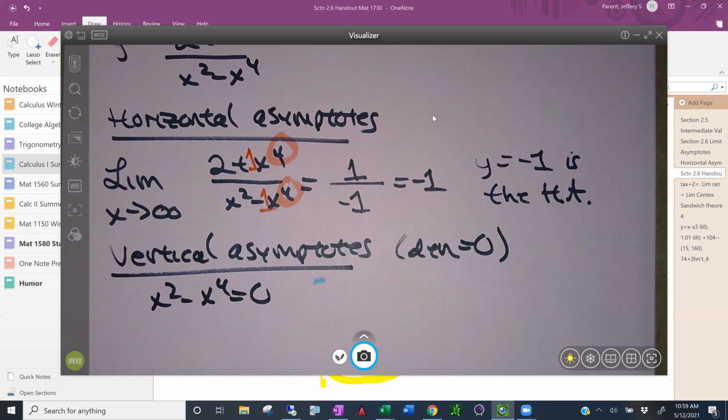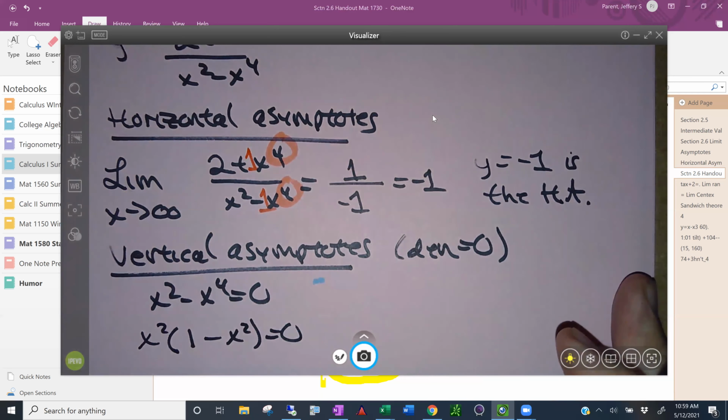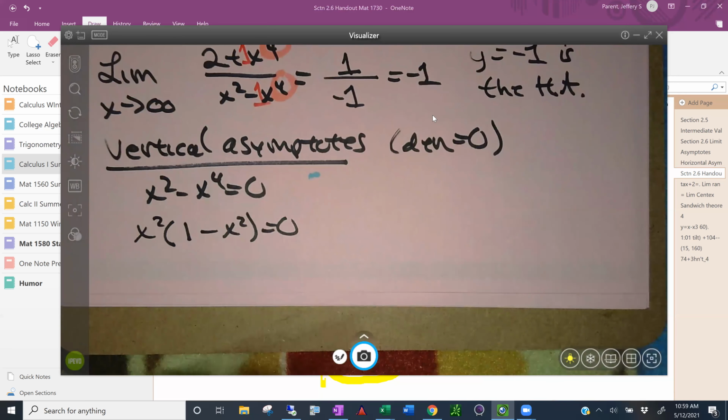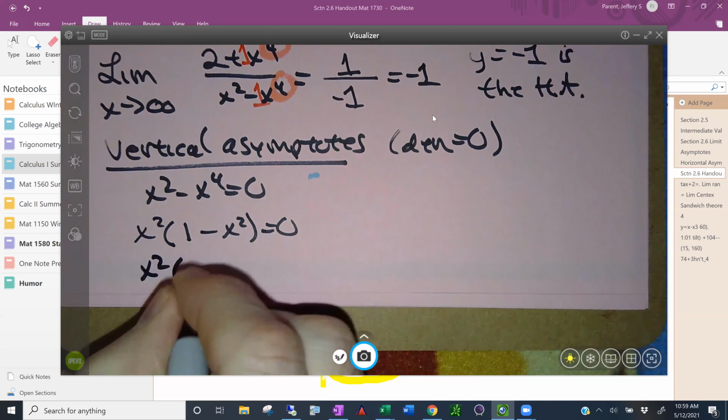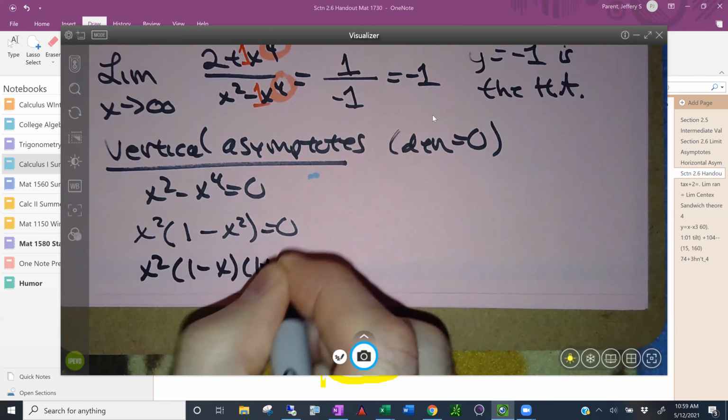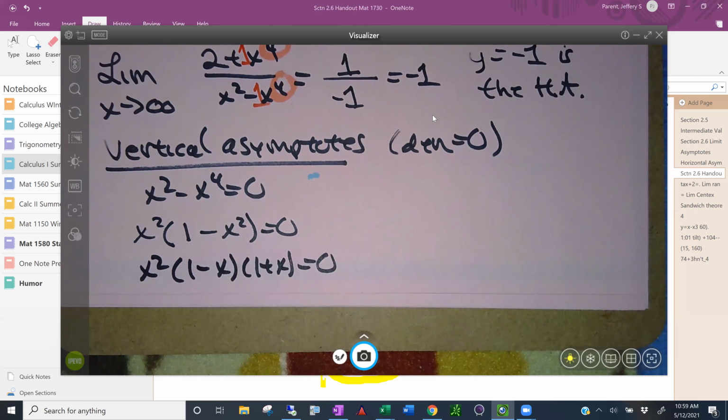Now, I hope you don't have to go to Google to figure this one out. For this one, I would start by factoring out an x squared, which leaves behind 1 minus x squared. And then it factors even further. It factors as x squared times 1 minus x times 1 plus x equals 0.